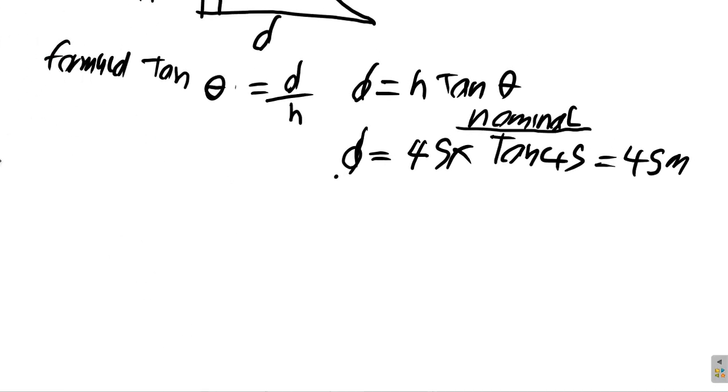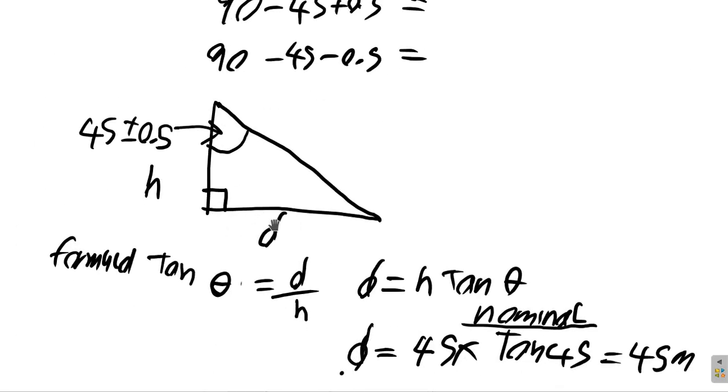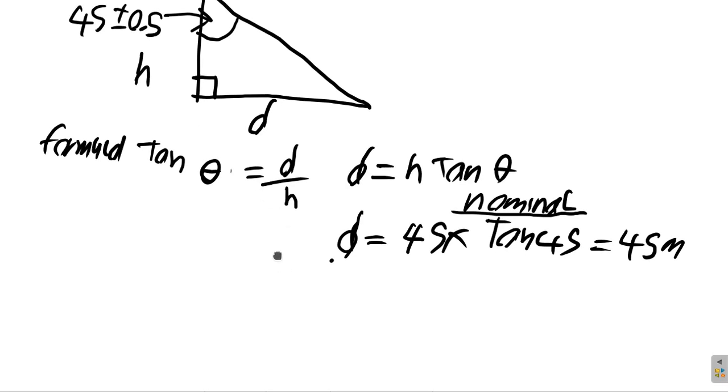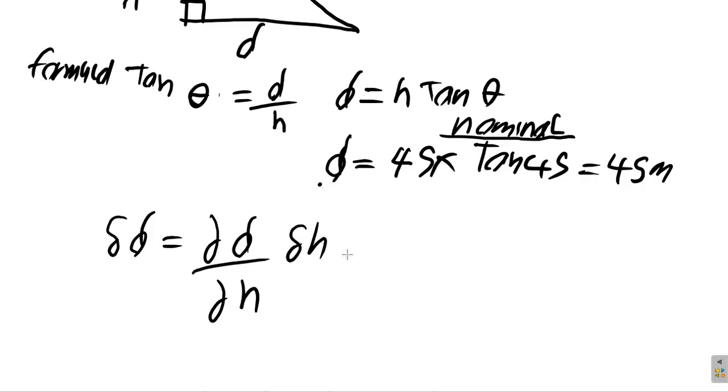Remember, we want to find what d is. There is some adjustment in d, which we call delta d. So a small change in d is equal to the partial derivative of d with respect to h times a small change in h plus the partial derivative of d with respect to theta times a small change in theta. Alright?